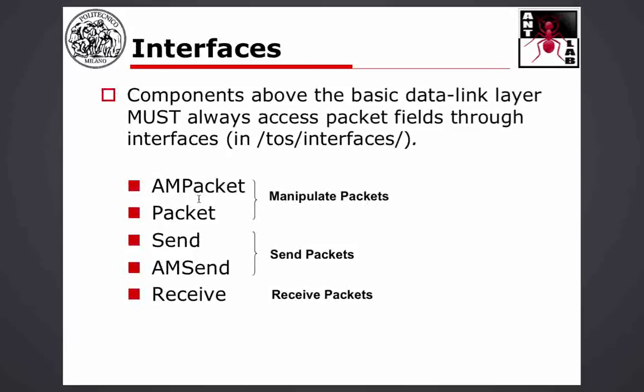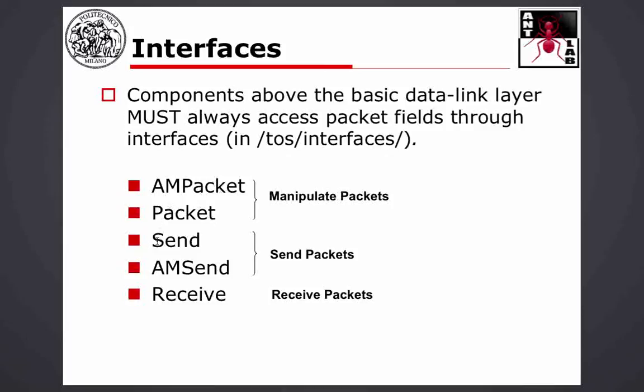So we have interfaces to control communication between two nodes in TinyOS, and these are basically the most famous ones. We have the active message packet, or the packet interface, to manipulate packets, so to, for example, change the source address, destination address, and this kind of stuff.